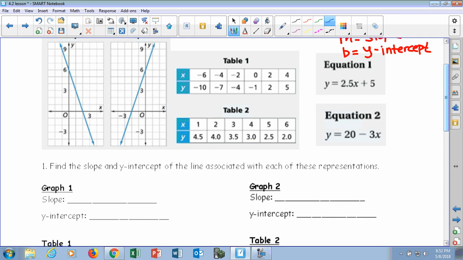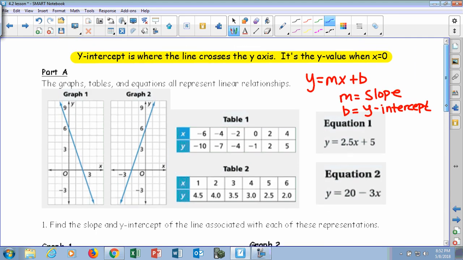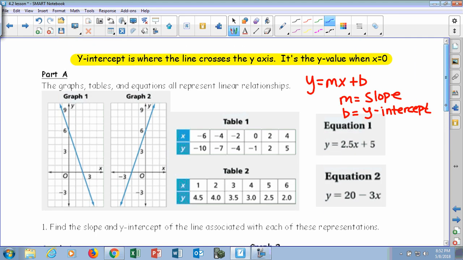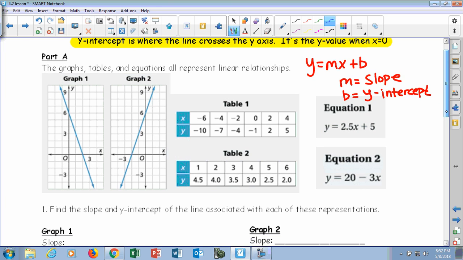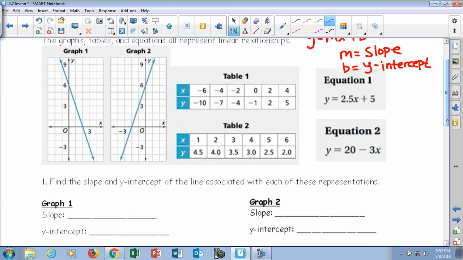Well, again, the y-intercept is where it crosses the y-axis, right? They just set it up above in this yellow highlighted area. It's not on your paper, but it's on my board here. So where does this blue line cross the y-axis? Right here, right? That's at 6. Now, we want to pick 2 points. Find another point on the line.